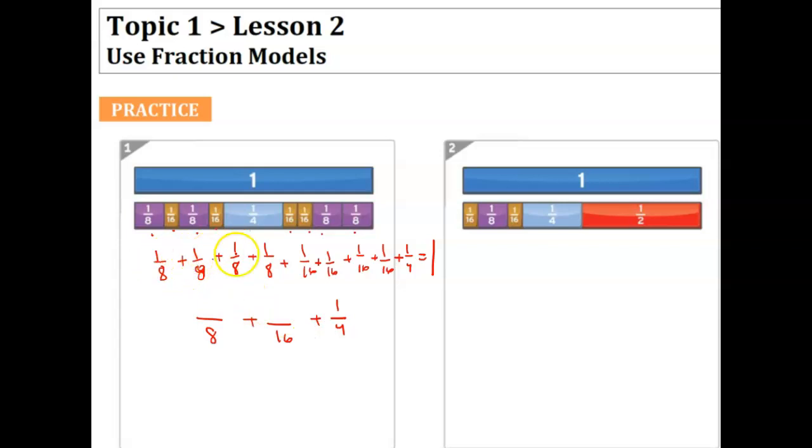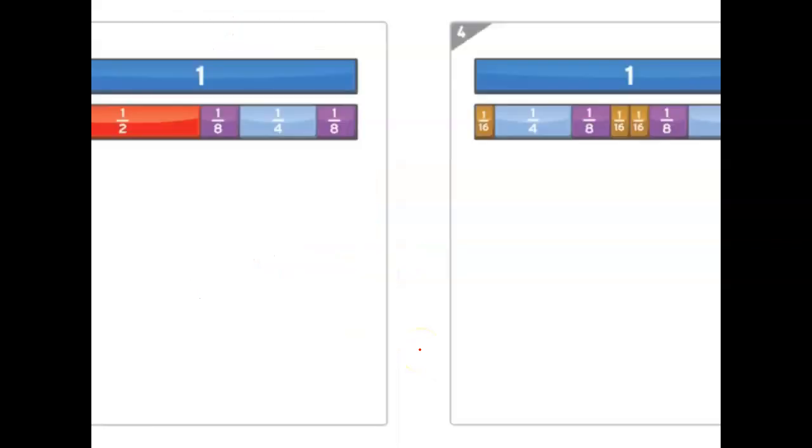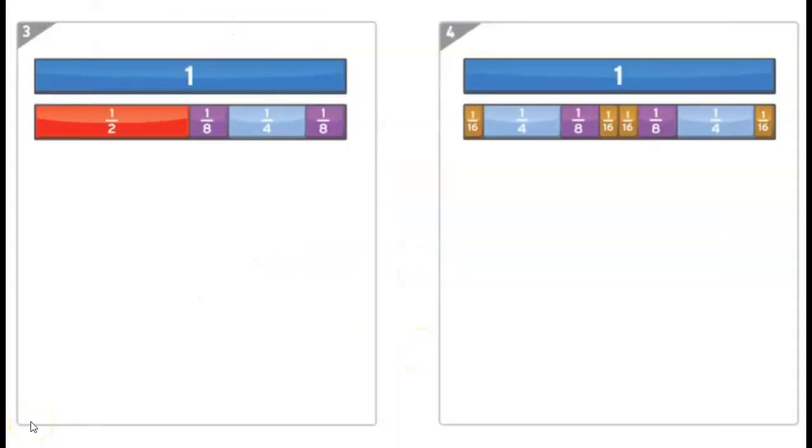So that's 1, 2, 3, 4, and 1, 2, 3, 4, which is equal to 1. So essentially that's all you're doing. You're writing down the unit fractions so that the fractions that are alike are together, and then combining like fractions. You're doing that for numbers 1 and 2, and so make sure you're doing those for 3 and 4 as well.